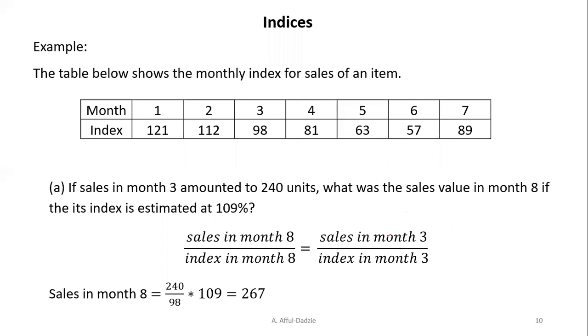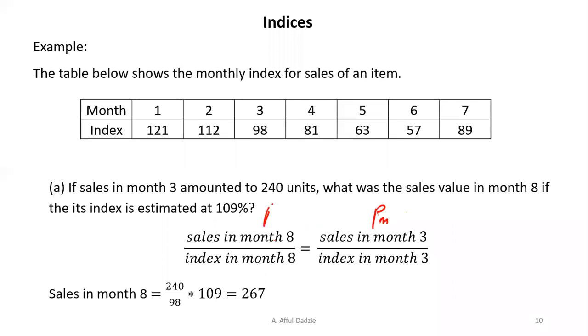So this is the expression. We say sales in month 8, which is the future period we are looking at, and the index in month 8, and then sales in month 3, which is the current period that we are looking at.